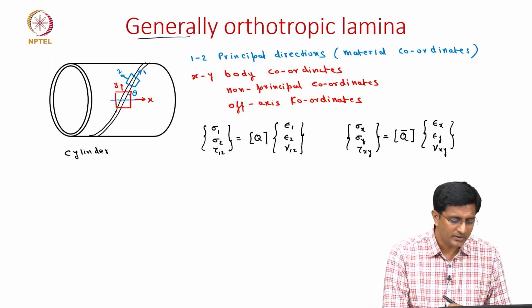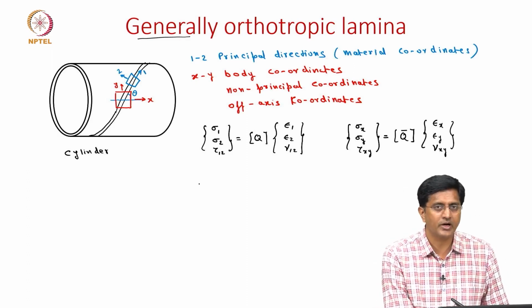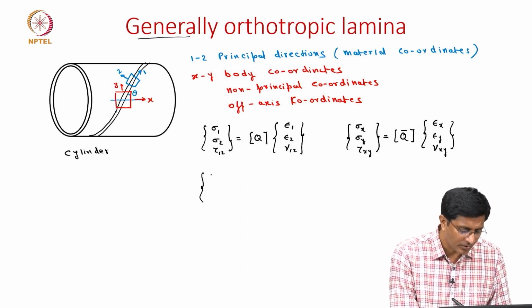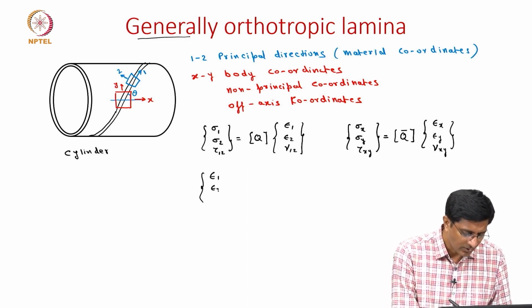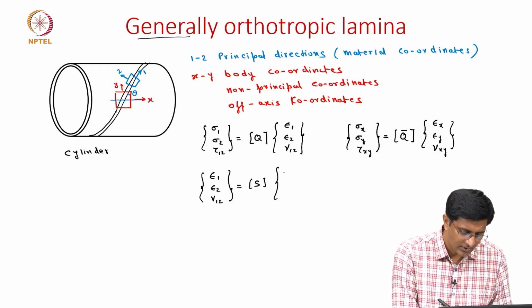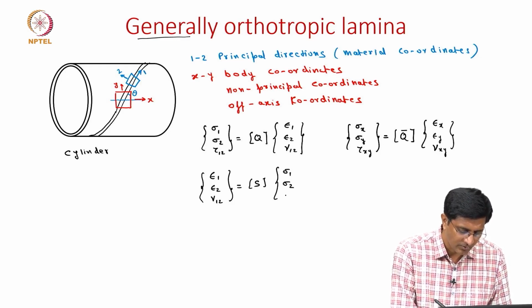Similarly, we can also write the strain stress relations where we write the compliance matrix, but let us start with the material coordinates again. Epsilon 1, epsilon 2, gamma 1 2 is written in terms of the compliance matrix S times the stresses sigma 1, sigma 2, tau 1 2.